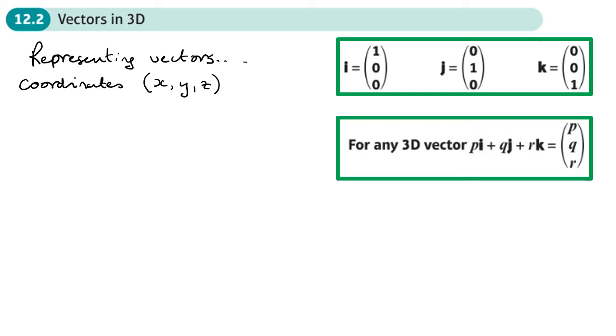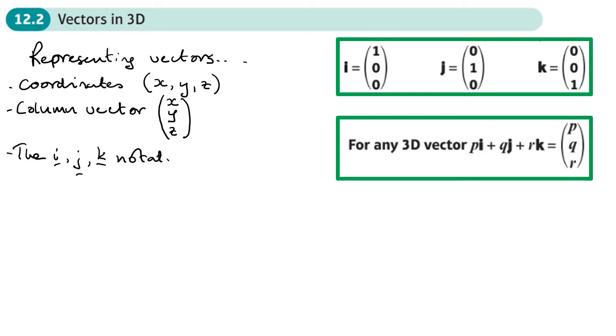We can represent them as a column vector, which basically just places the coordinates stacked one on top of the other, or using the i, j, k notation, in which case we would have our value of x in front of i, our y coordinate in front of j, and our z value in front of k.